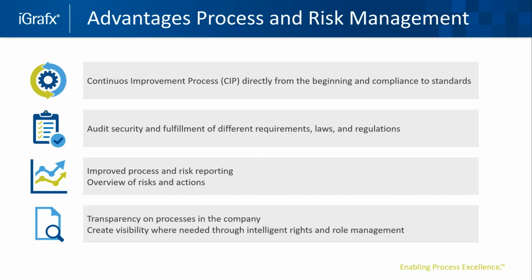And last but not least, the transparency also helps a huge bit, because any employee that has the rights, and you have to give the rights to them, can see where the risks in the processes are, where the controls are, who is responsible for it, and so on.